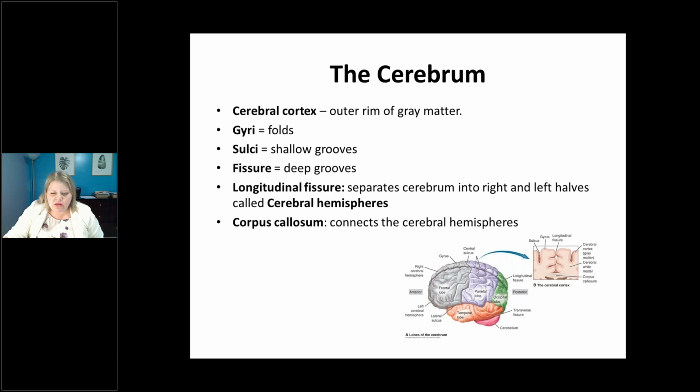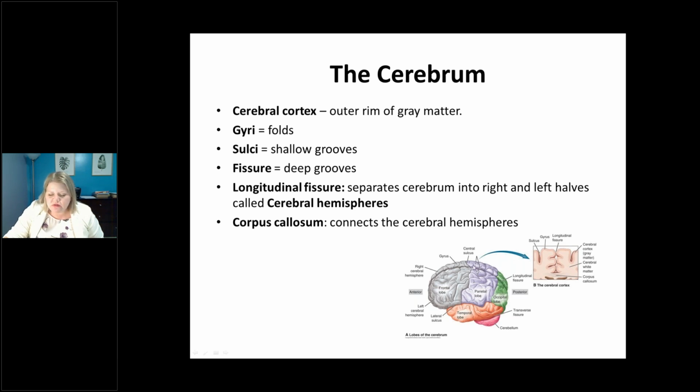Sulci are shallow grooves. So you can see the gyrus here. It's a fold, and the sulcus is a shallow groove, whereas a fissure, so we can see a longitudinal fissure here, is going quite deep.